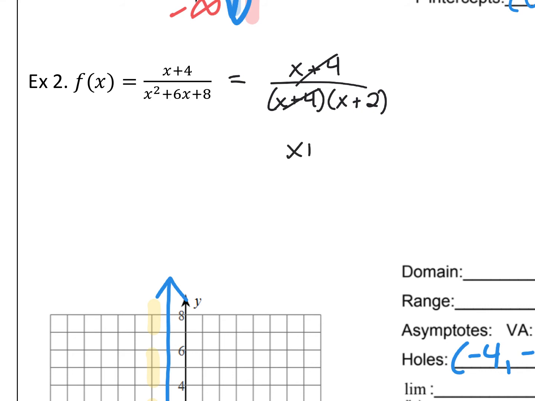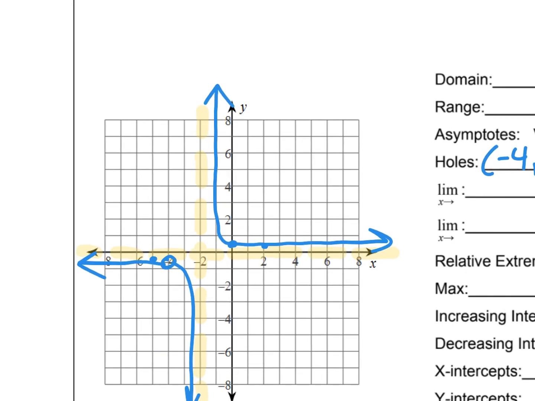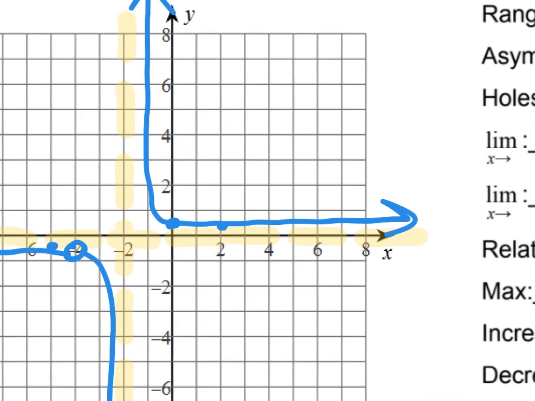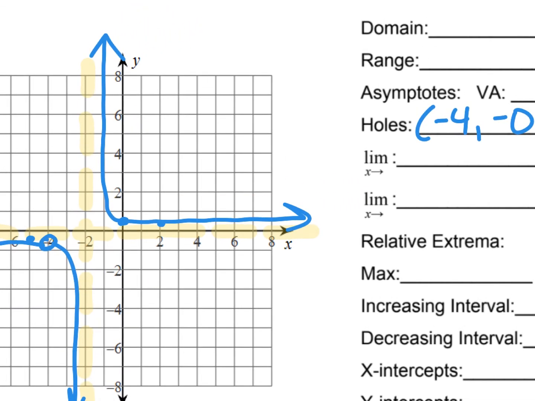X plus 4, and if you remember, we set that equal to 0, so this would be negative 4, which tells me that's the x value of that hole. So if I know that, I can drag that thing to negative 4 and make sure it is indeed undefined, and it is. And it's undefined at negative 0.5 as the y value. You know that because if you go a little bit above it or below it, it's going to be the numbers right next to that.